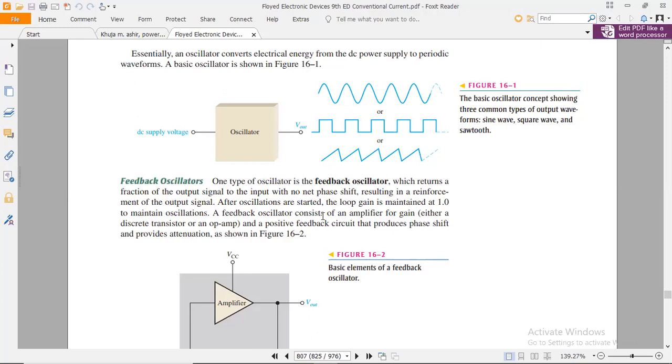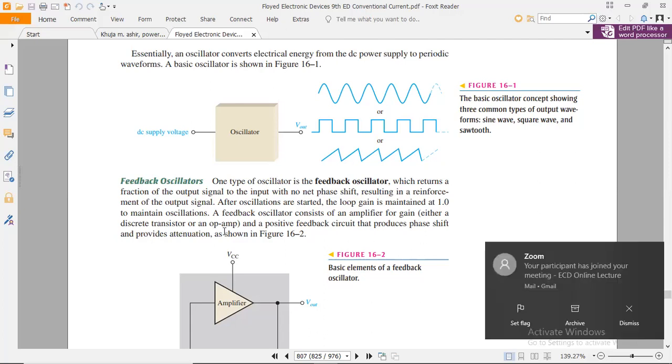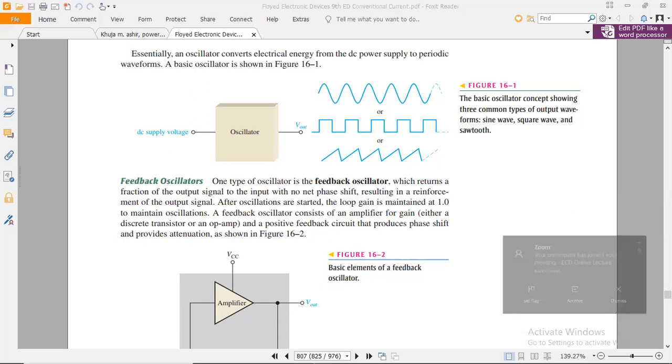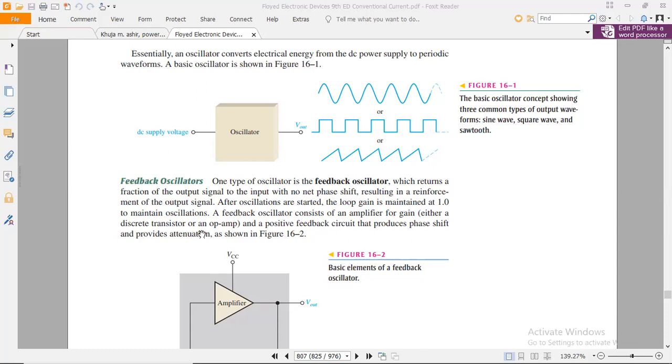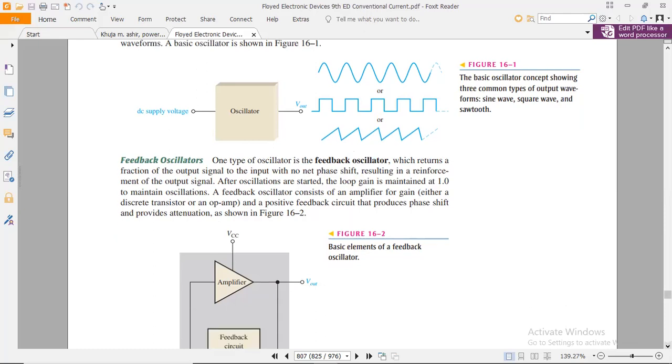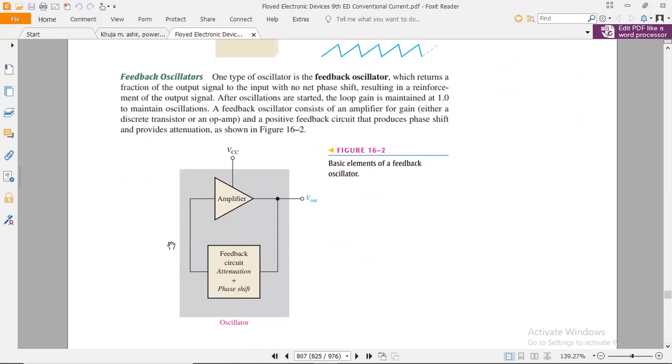A feedback oscillator consists of an amplifier for gain, either a discrete transistor or an op amp, and a positive feedback circuit that produces phase shift and provides attenuation, as shown in figure 16-2.